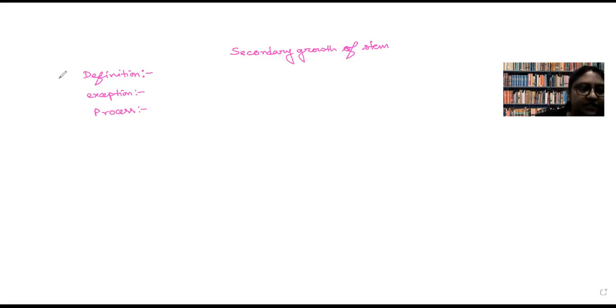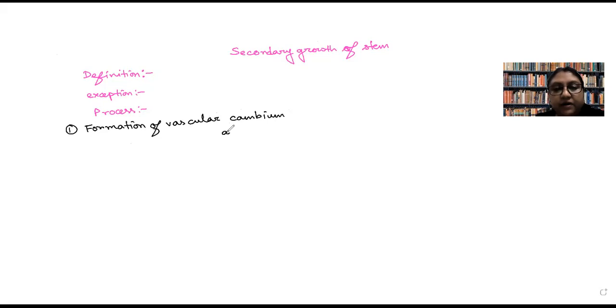So we will first learn the step called formation of vascular cambium. If we are talking about formation of vascular cambium, we will remember from apical meristem. What is apical meristem?